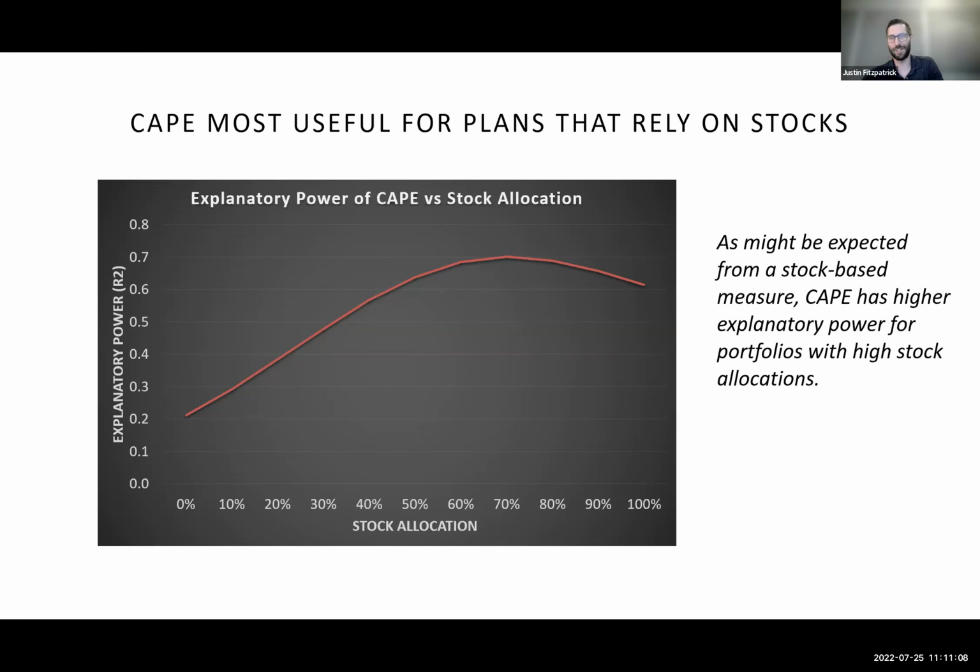This is a stock indicator, so presumably it's going to be more useful when applied to plans where stock performance matters for retirement income planning. We'll see some more examples as we go on, but in practice, what we do at Income Lab is we actually combine indicators together so that we're always presenting a broader picture of economic context rather than highlighting a single indicator.